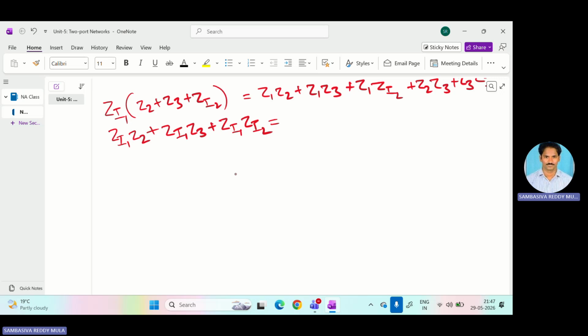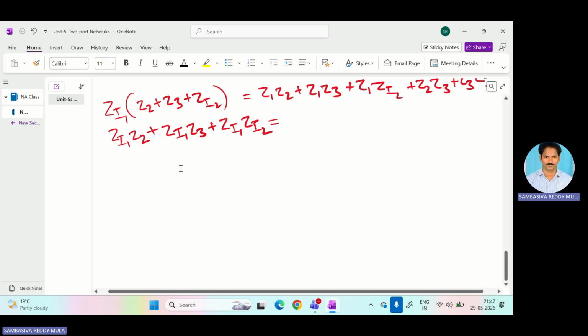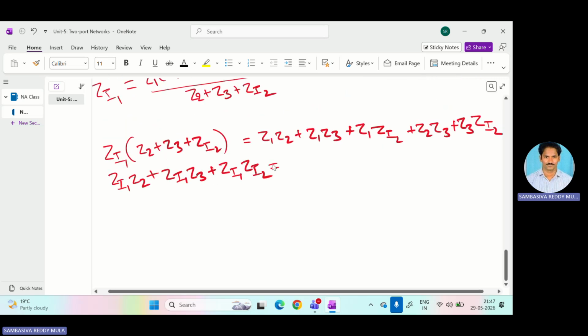If you solve those two equations, after simplification, let us write the ZI1 terms here only. ZI2, there are two.